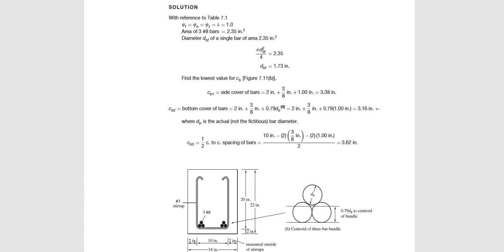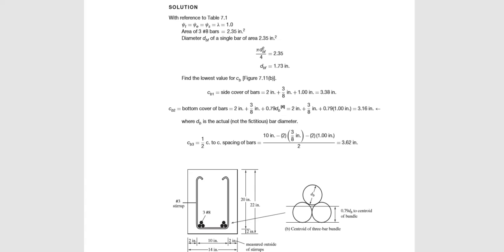That is what they are doing here. The area of 3 number 8 bars is 2.35 inch square. I know how you can do it: the area of a number 8 bar is 0.79, times 3, that is 2.35 inch square. Then if I combine these 3 as one bar, the diameter, say dbf, the diameter of the fictitious bar.